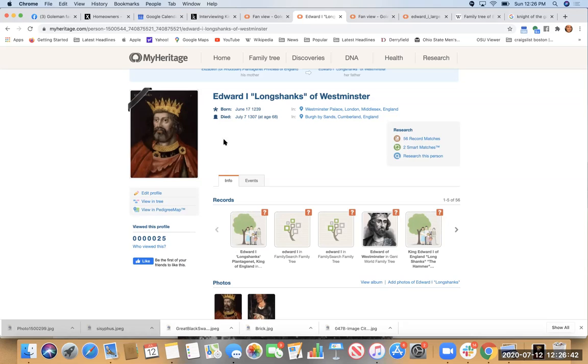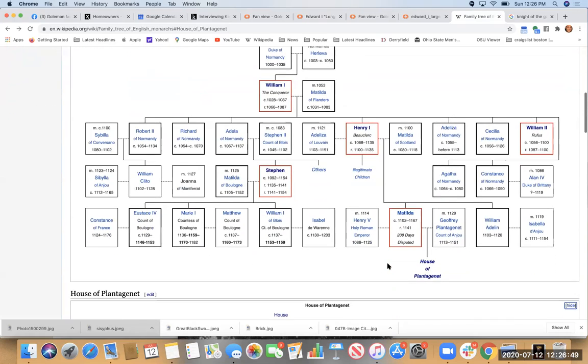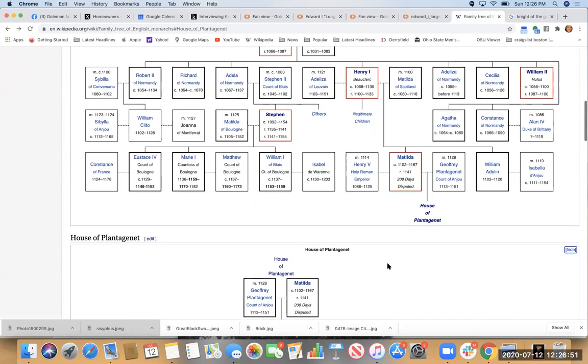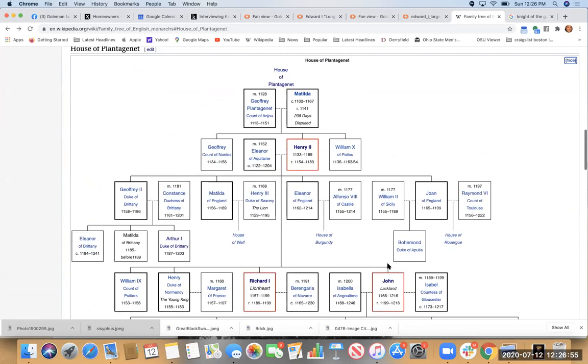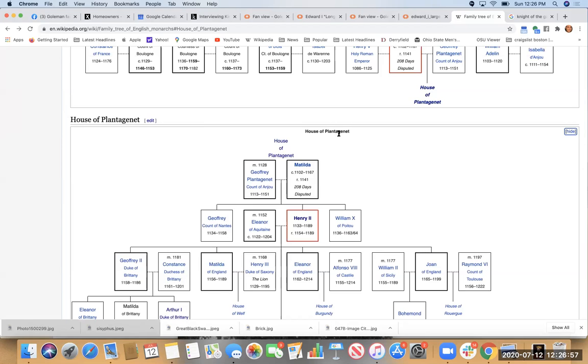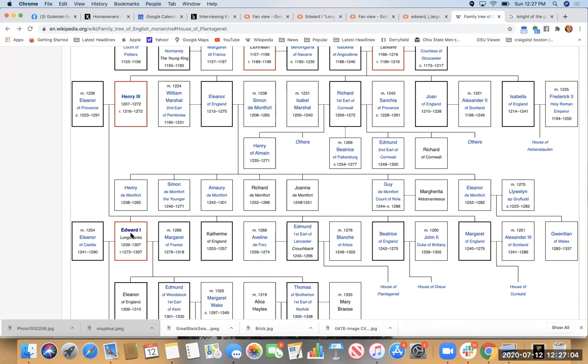And now, as we're in this royal family tree, you can go in here to Wikipedia. Edward's father was a king, and his brother was a king. So the family, they call it the House of Plantagenet, of which Edward is down here, Edward Longshanks.